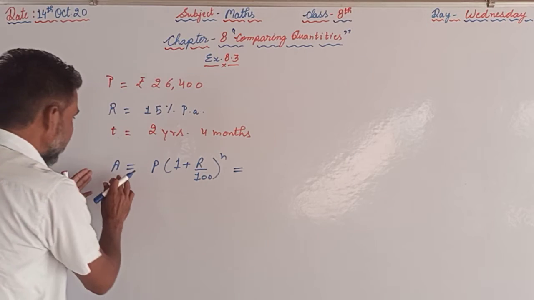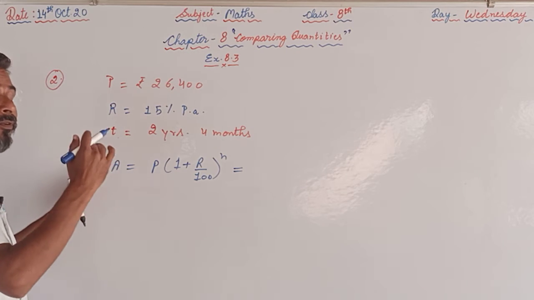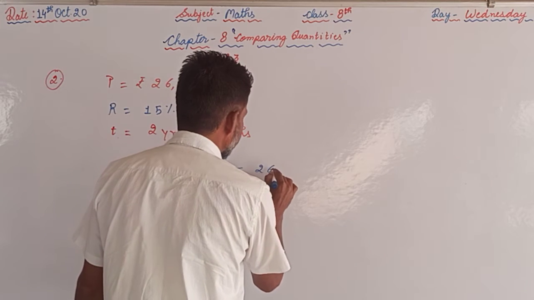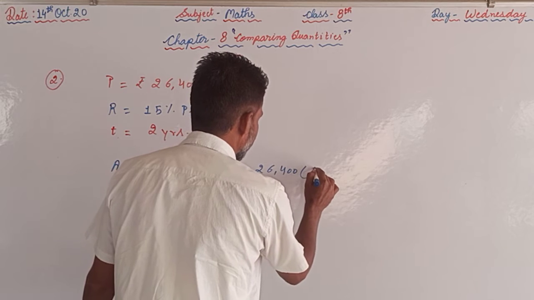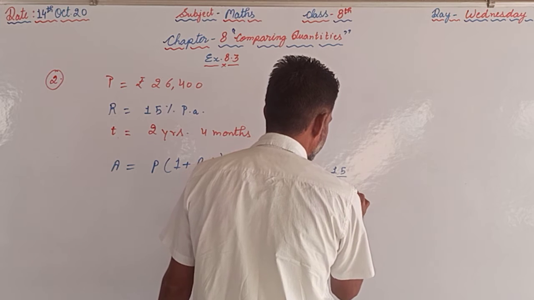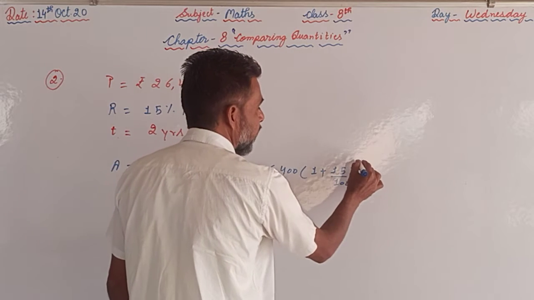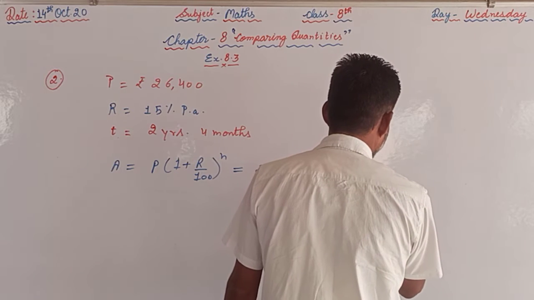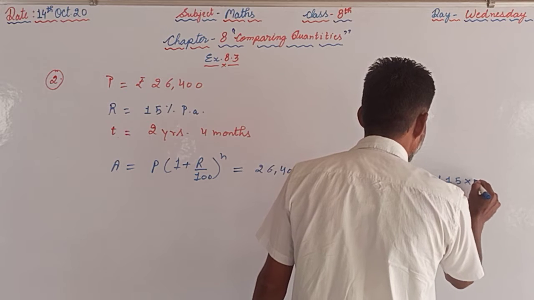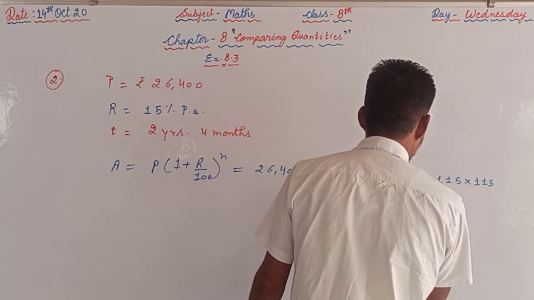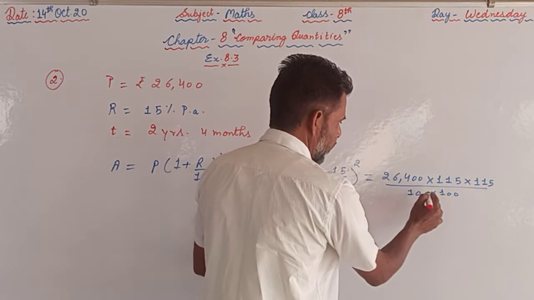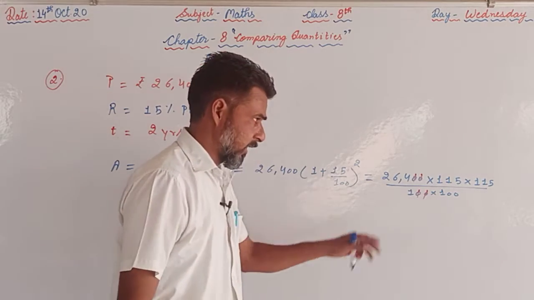So the principal will be 26,400 into 1 plus the rate 15 upon 100 raised to power 2. So that will be 26,400 into 115 into 115 upon 100 into 100. Two zeros cancel out, and the remaining we have to calculate.